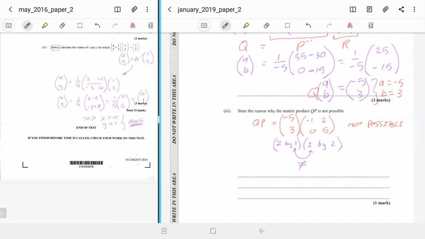The number of columns in the first matrix is not equal to the number of rows in the second matrix. That's why it is not possible. Because this one is a 2 by 1 matrix, and this one is a 2 by 2 matrix. So the number of columns in the first matrix is 1, and the number of rows in the second matrix is 2. They're different. So the multiplication is not possible.